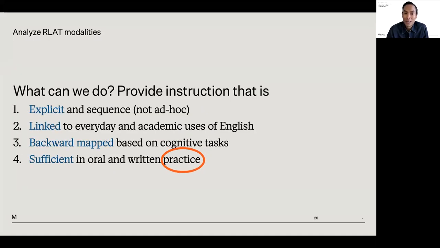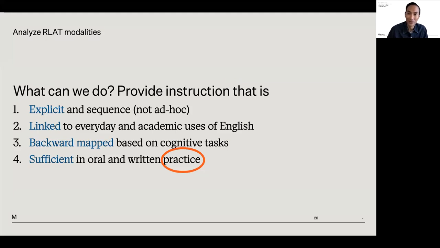Apart from being explicit and sequenced, instruction needs to be linked to every day of a child in order to make it stick in their head. Everyday words can be connected, or the everyday life can be connected to the academic words.